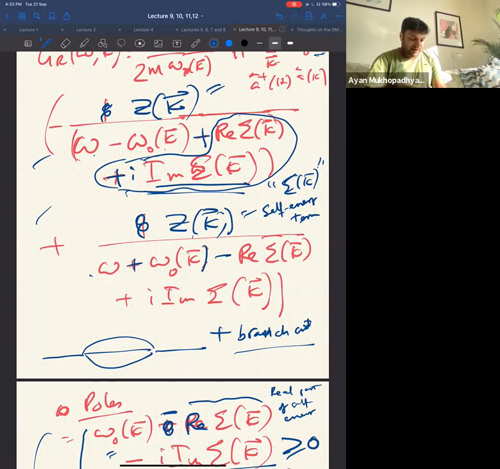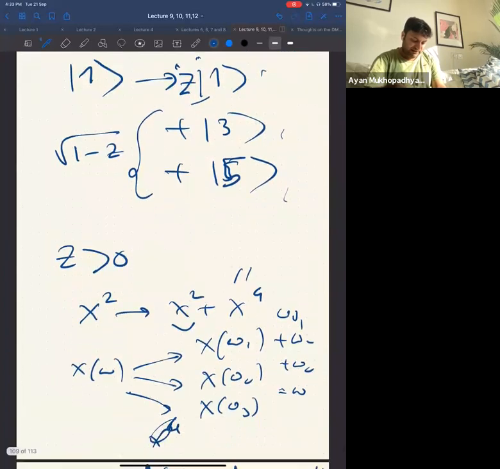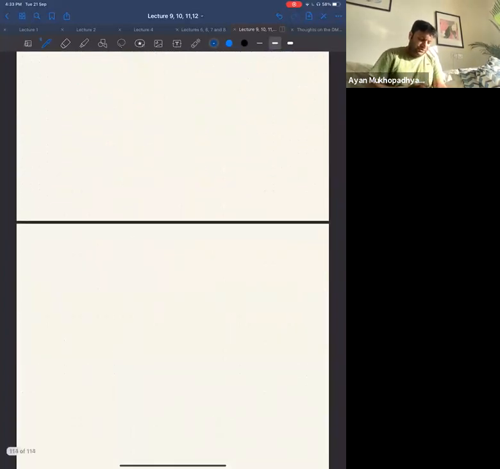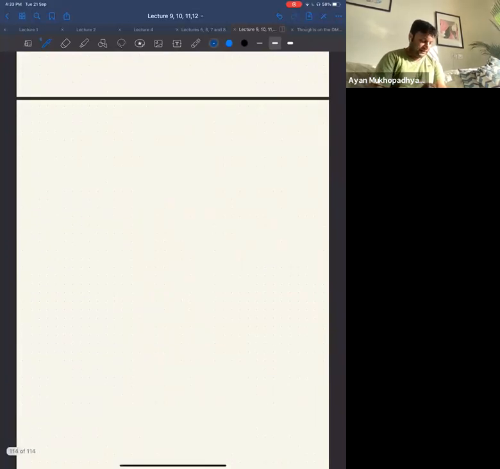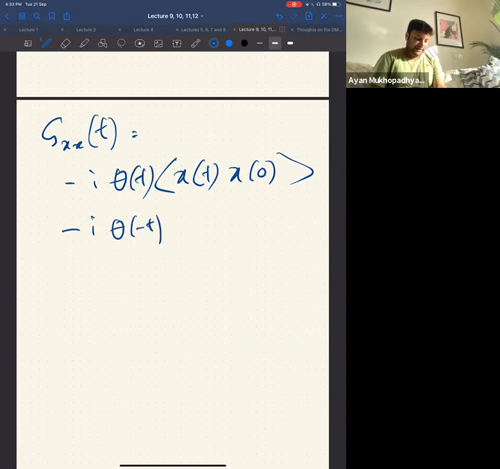All right, let's try to move ahead now into the other things. Last time I also asked you to look into G(x,x,t), the Feynman propagator, which is defined as minus i theta(t) times the expectation value of x(t) x(0), and minus i theta(-t) times the expectation value of x(0) x(t).